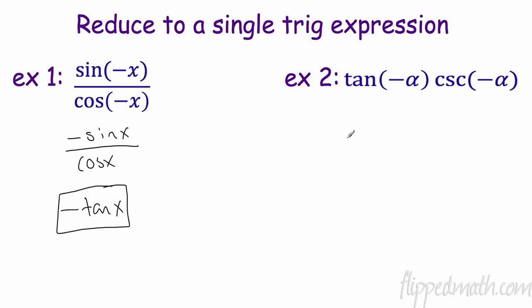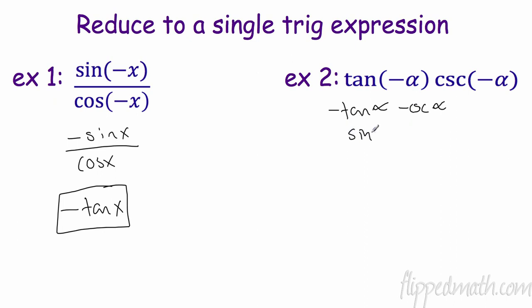Over here, we have a little bit trickier. Let's work with the negatives first. So tangent of negative alpha is going to be negative tangent alpha. And cosecant of negative alpha, that's like sine, remember? So that comes out negative cosecant alpha. A negative times a negative is a positive. So let's work with these.